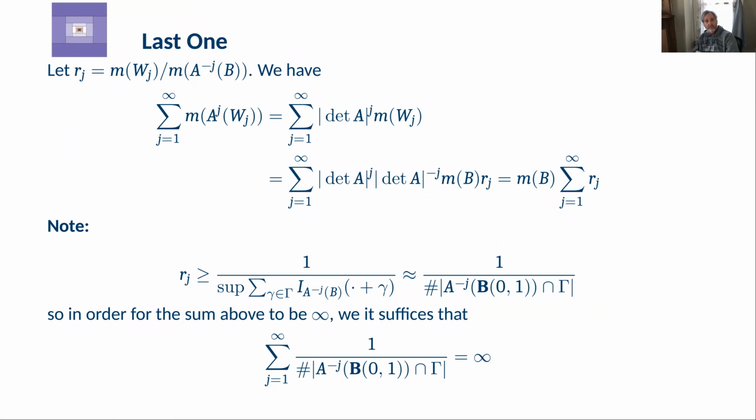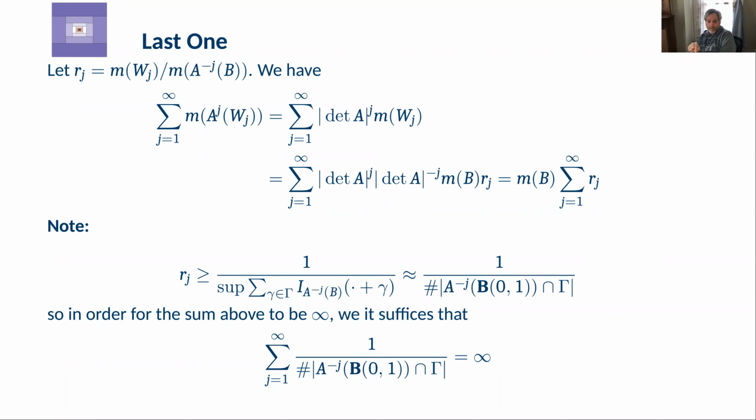Then we substitute the measure of Wj in terms of Rj. So in the end, we get that the sum of the measures of the a to the j Wj is just a constant times the sum of these Rj's. So we need the sum of the Rj's to be infinity in order for wavelet sets to exist.